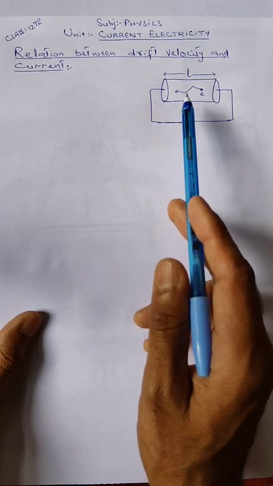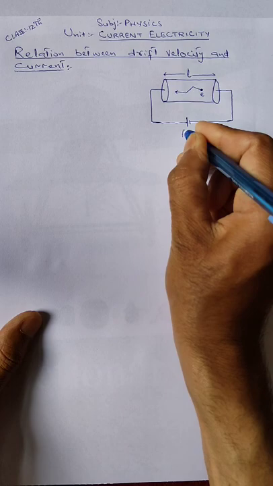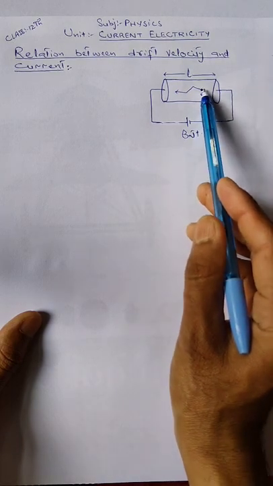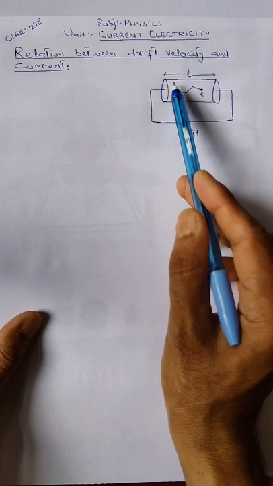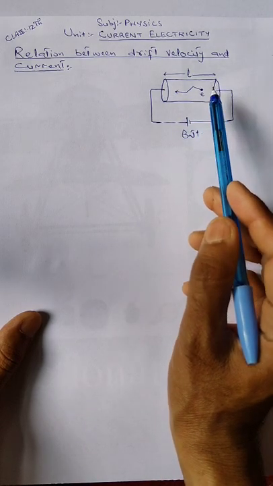See here, we have taken a conductor of length L. It is connected with a battery. We know there are free electrons moving in metallic conductors.